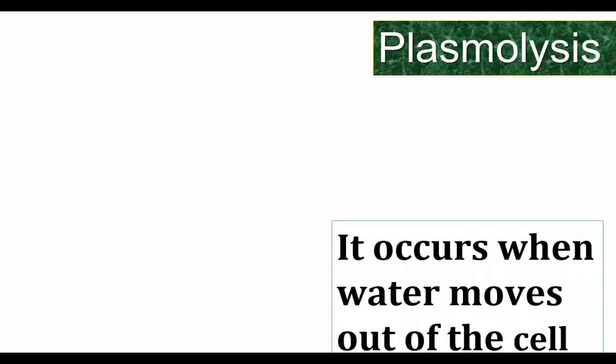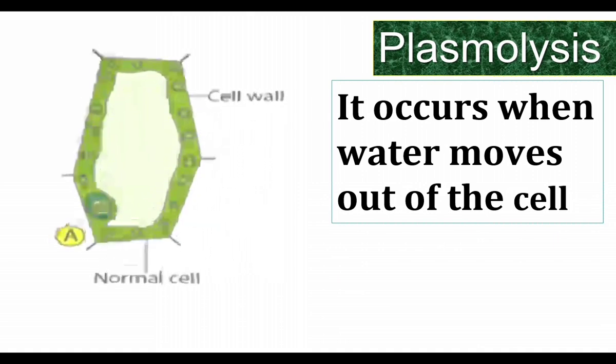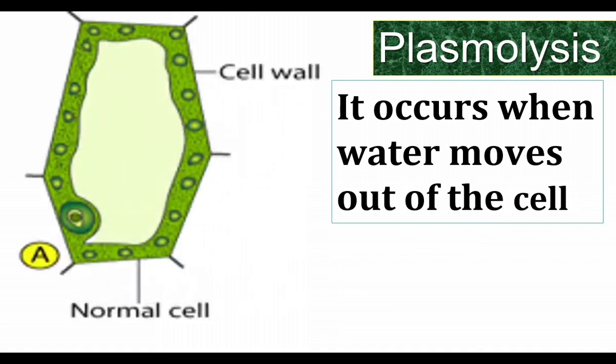Plasmolysis involves movement of water out of the cell. Plasmolysis occurs when water moves out of the cell. This is a normal cell. When water moves out, the cytoplasm gets concentrated.